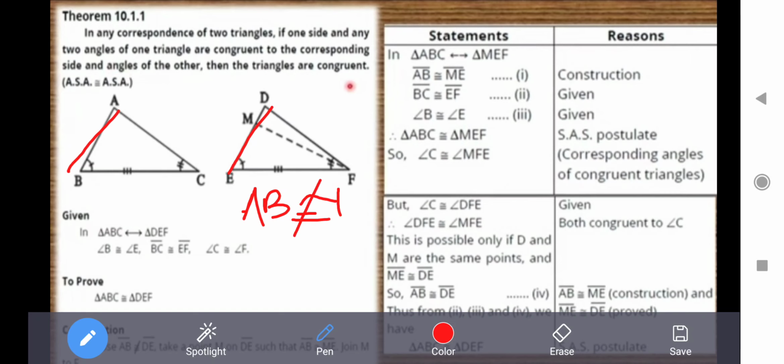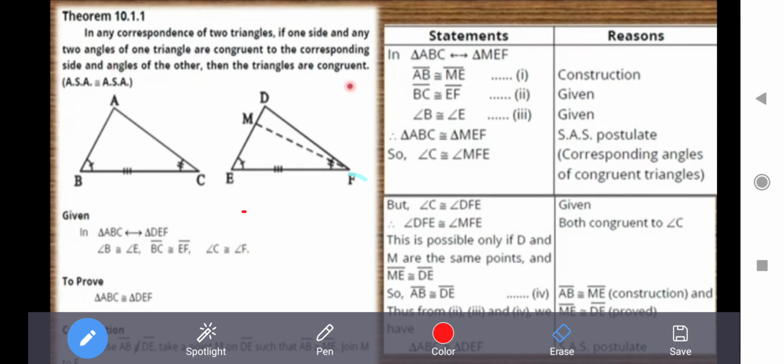So I'll take this point M on DE. What does it mean? It means AB is congruent to ME. Then we will join M with E. Why are we joining M with E? Because we need a triangle.